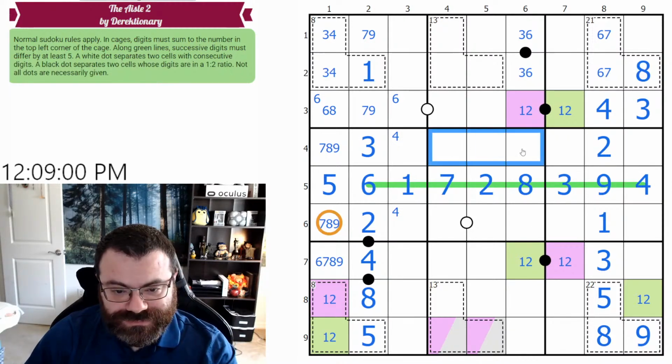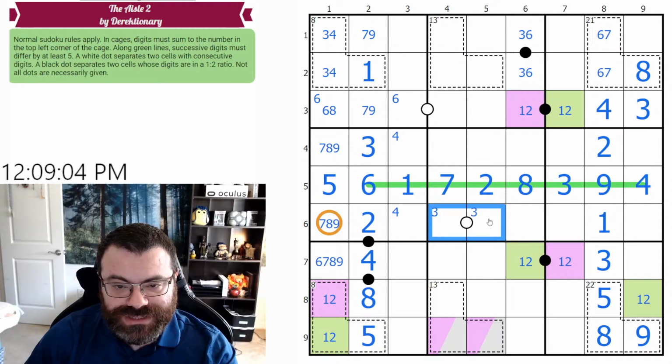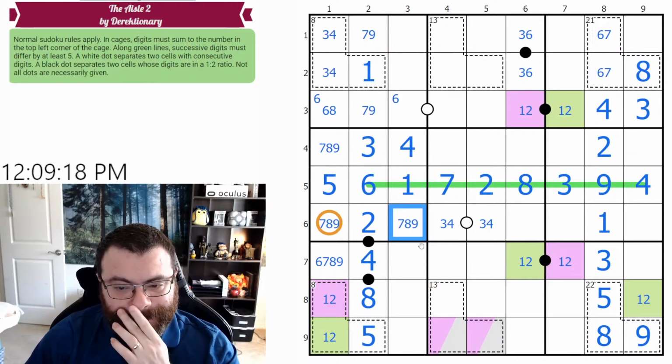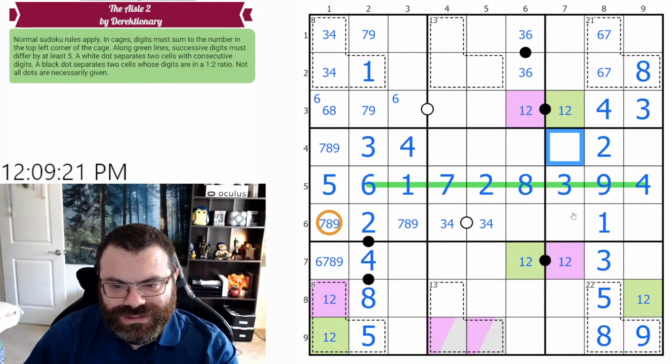Three in box 5 goes on the white dot because the 3, 6 looks down. And it can't go with the 2, so it goes 3, 4. And now this is a 4. This is 7, 8, or 9. This is a quad.